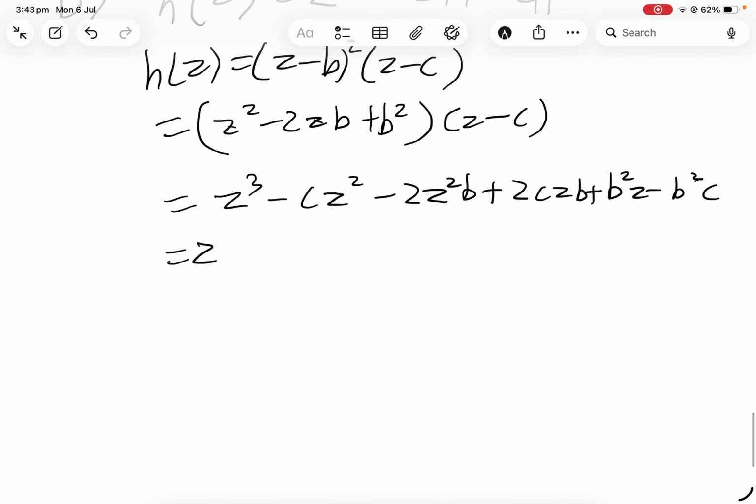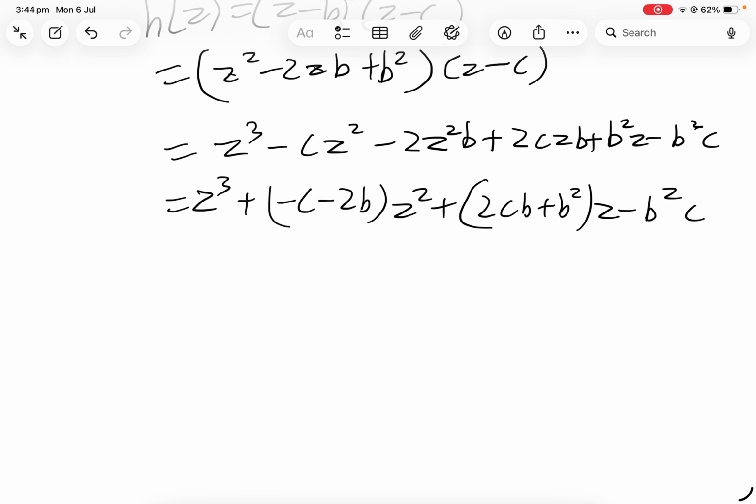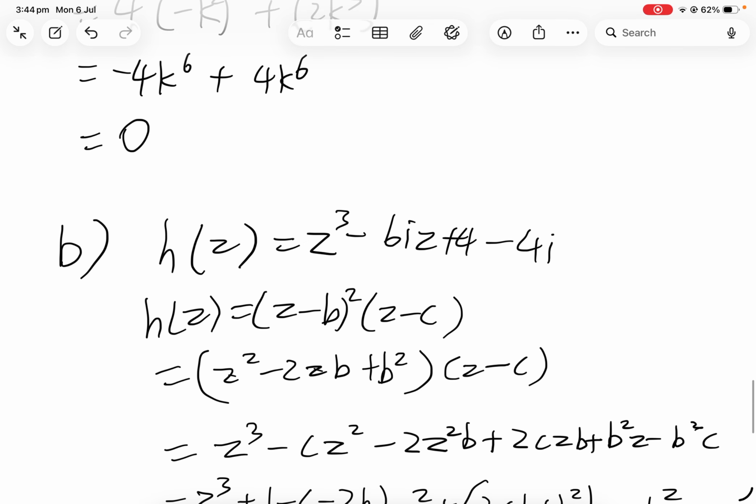Okay, now we put them into little bunches: z³ + (−c − 2b)z² + (2cb + b²)z − b²c. Oh, it was a 6.